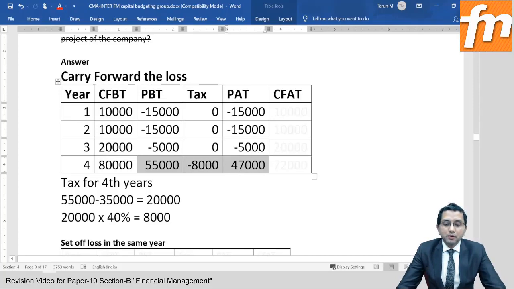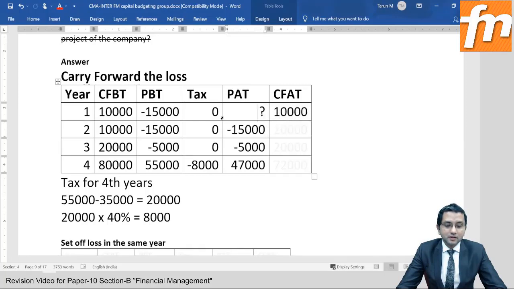Okay, once you obtain profit after tax for all 4 years, the next thing is to simply add back depreciation of 25,000 rupees. So minus 15,000 plus 25,000 is plus 10,000. Again plus 10,000. Now 25,000 added back, the third year it is 20,000. And then 47,000 plus 25,000 gives you 72,000.